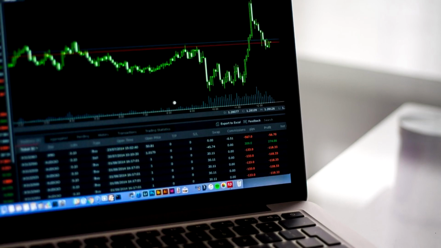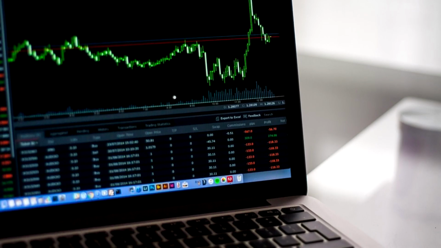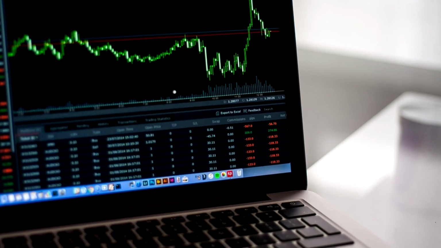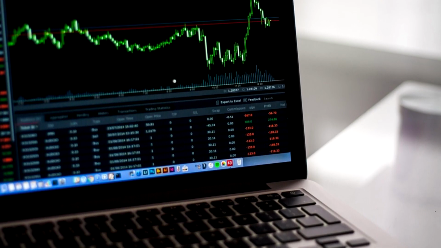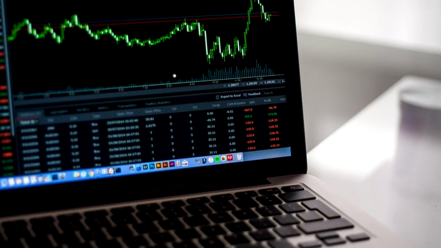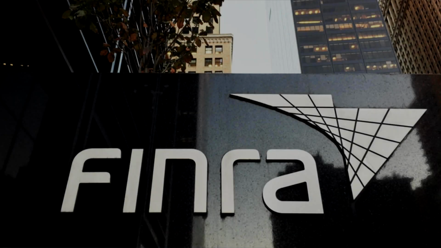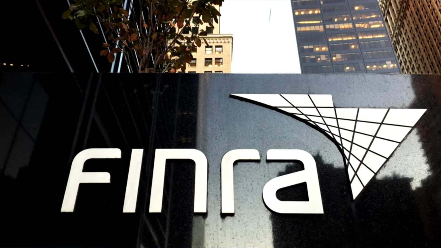Of course, you'd still be able to swing trade any shares that you've already purchased and future shares during that time. This is in place to protect people from blowing up their account and is a standard legal practice for brokerages in America according to FINRA, the Financial Industry Regulatory Authority.